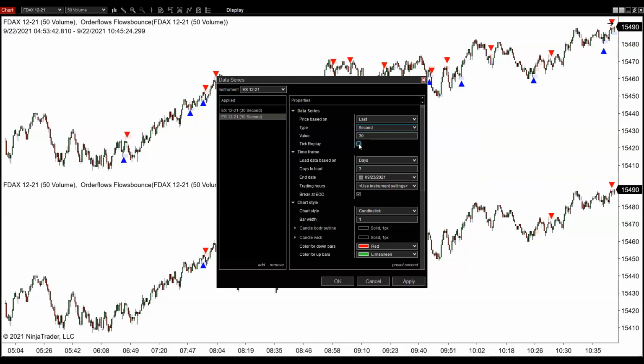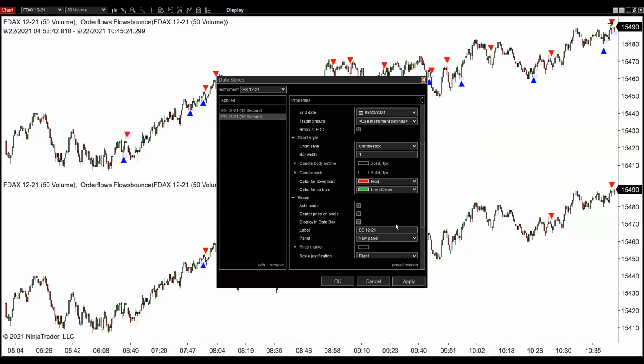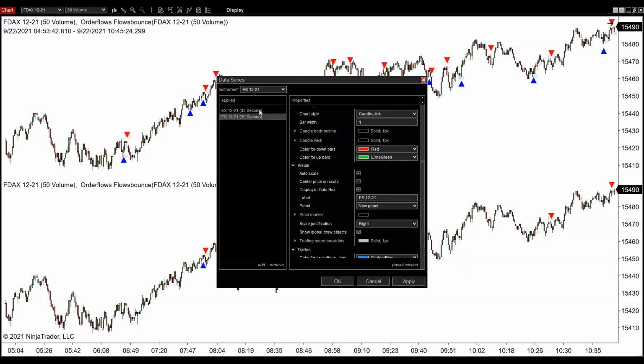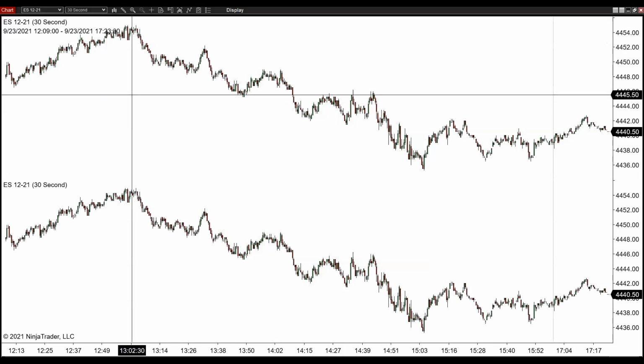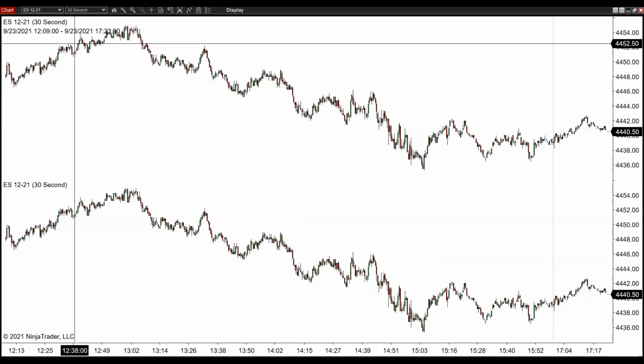30 seconds. Now you have to use tick replay for this. Some people, I don't like tick replay. Well, I'm sorry, but you got to use it. This will be panel 1. I'll make this one a new panel. Okay, and let's see, E-minis.